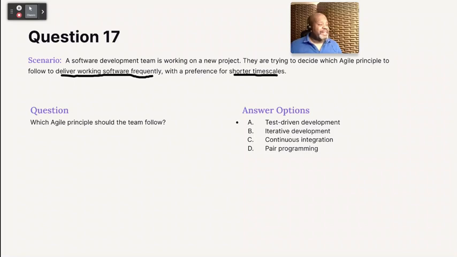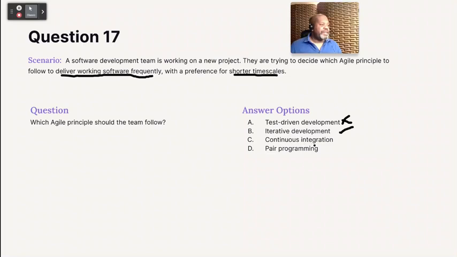I think test-driven development is about writing scripts. So we're just writing. That's definitely not going to make for a shorter time scale. Iterative development. I kind of like iterative development because it means short time scale, deliver one piece at a time. I like that one a lot.